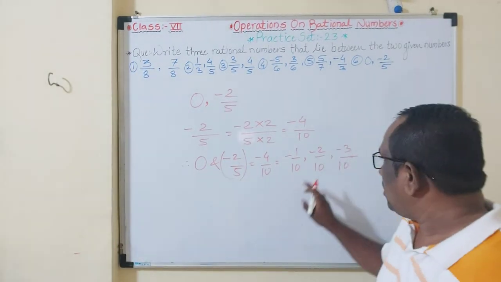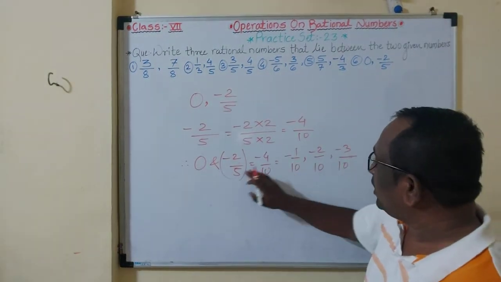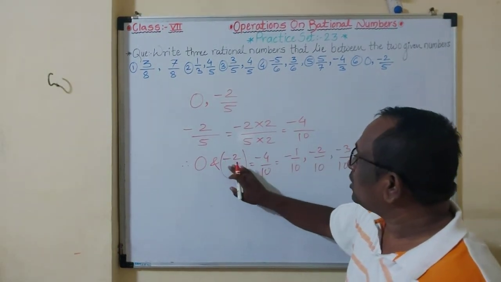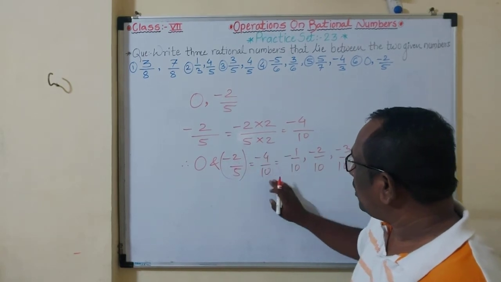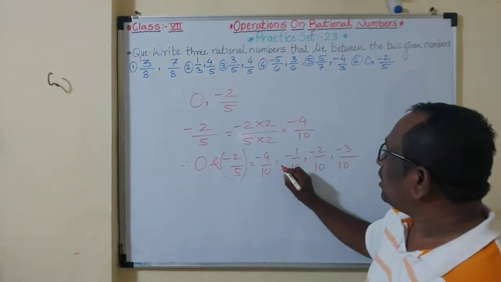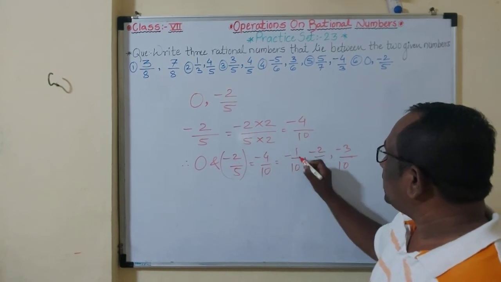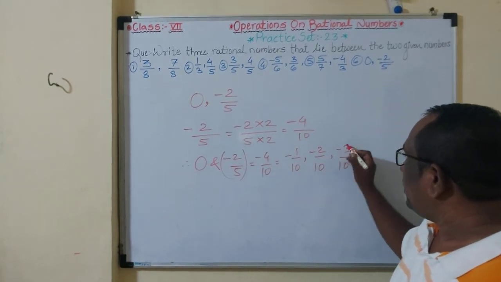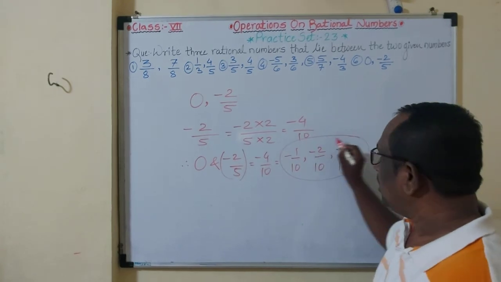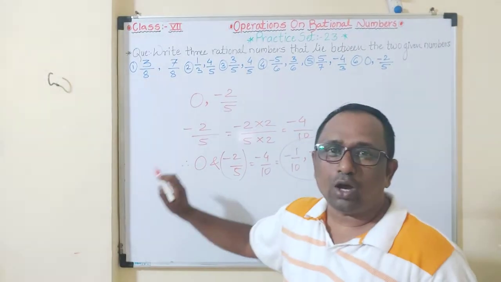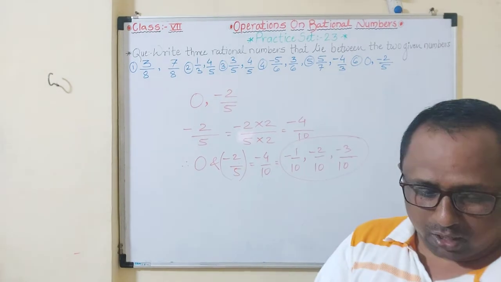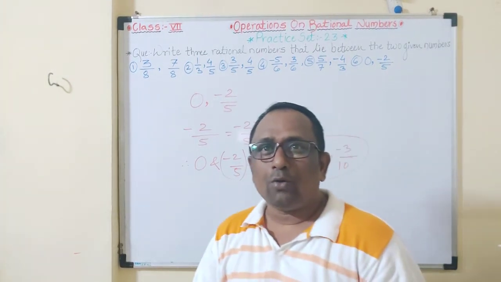Okay, now here between 0 and minus 2 upon 5, or minus 4 upon 10, the rational numbers that lie between these two are minus 1 upon 10, minus 2 upon 10, minus 3 upon 10. But before this you have to write the full sentence that I told you already. So I hope you understood, students.